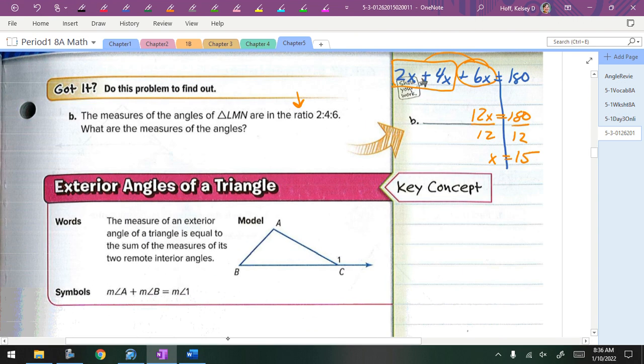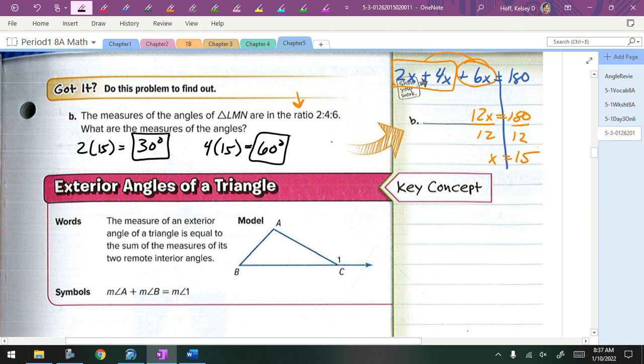Very good. 2 times 15 is what? 30 degrees. Now what do I have to multiply? 4 times 15, which is 60. And then 6 times 15 is 90. Yep.